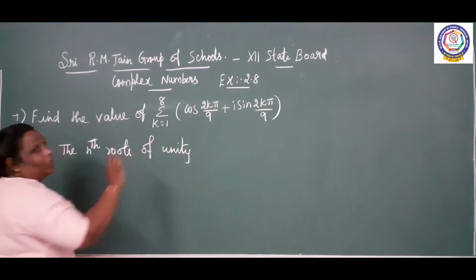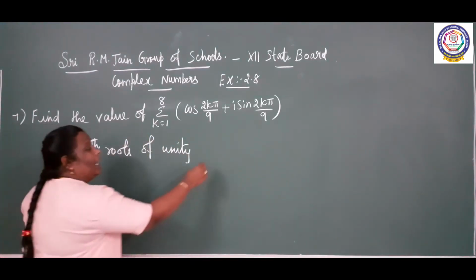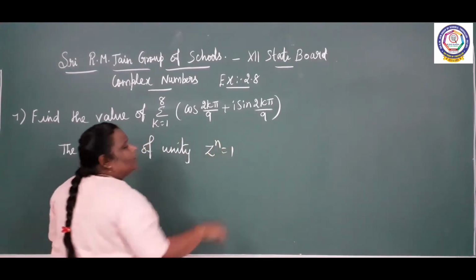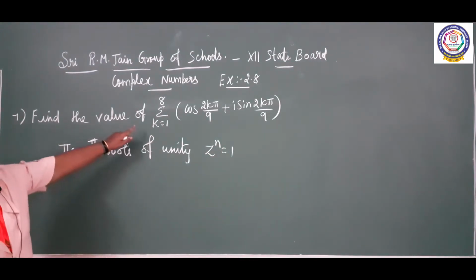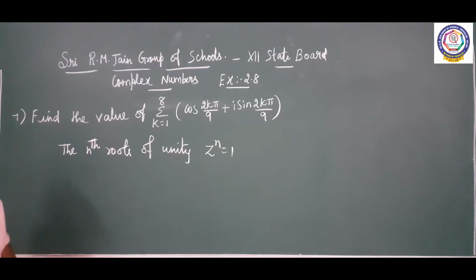What is that value? The nth root of unity is z power n equal to 1. Sigma means the sum of all.